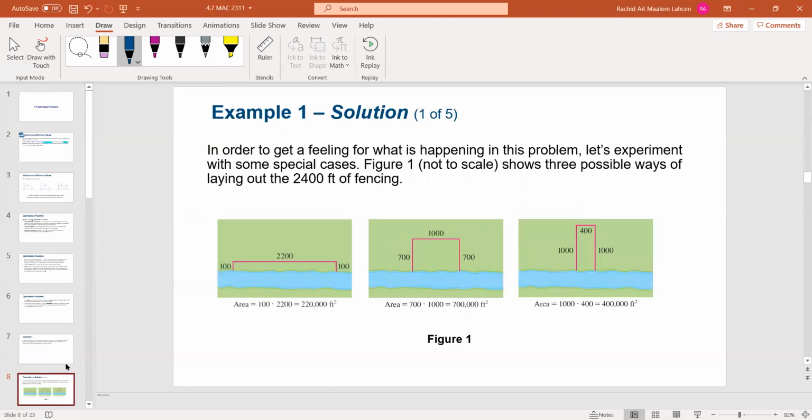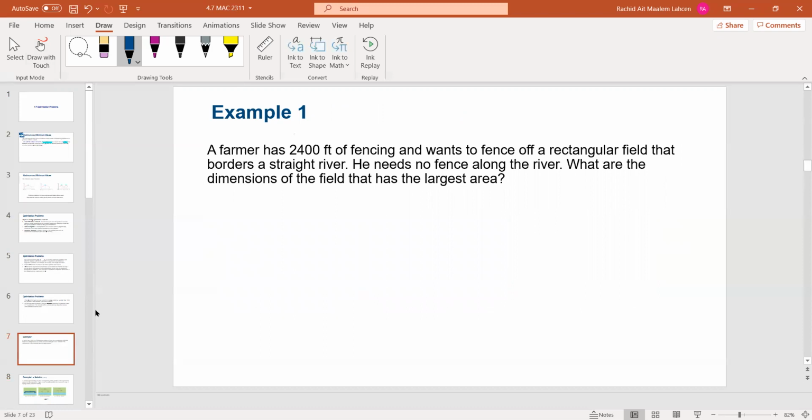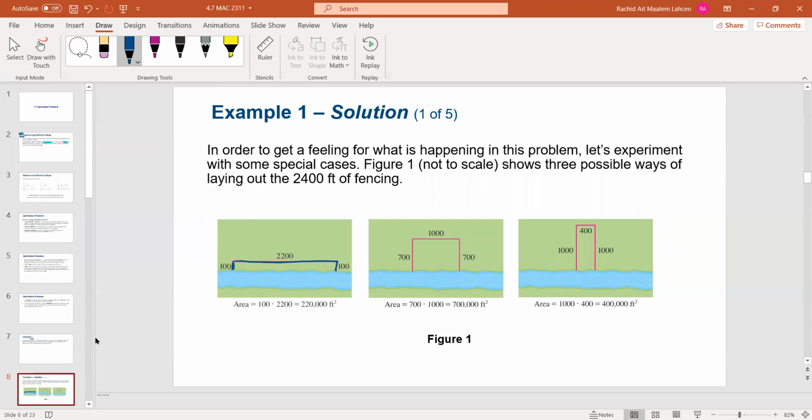In order to get a feeling of what is happening, we do a quick diagram. We have a river, then we have the fence on three sides. And it could be done in different ways. What we know is the total fencing is 2,400. So 2,400 can be, let's say, 2,200 this way and 100 on each side, or 1,000, or 700, 700.